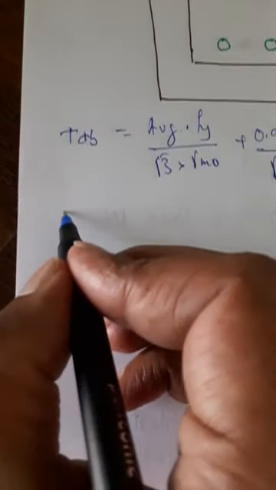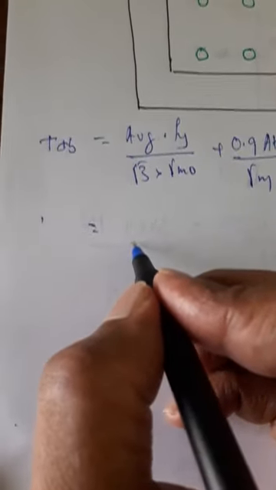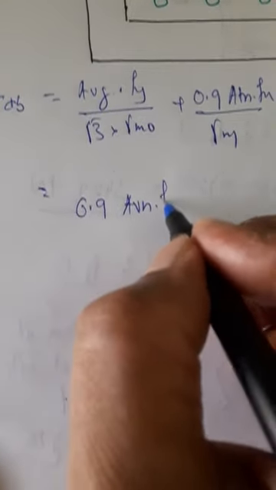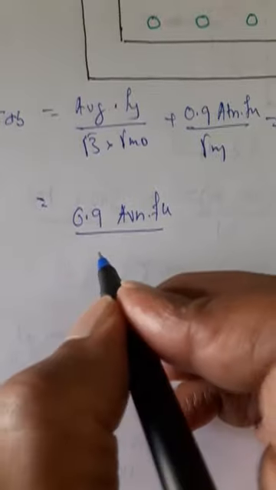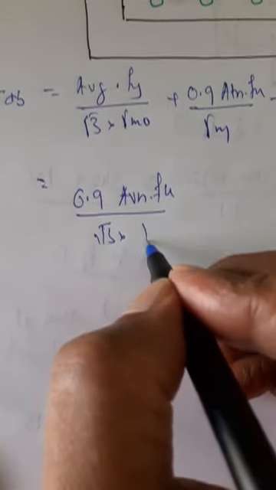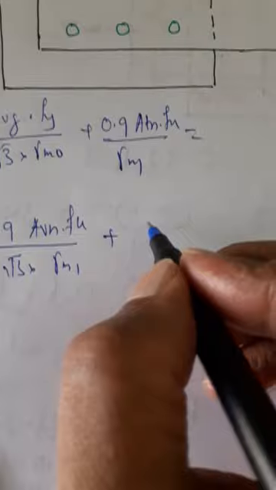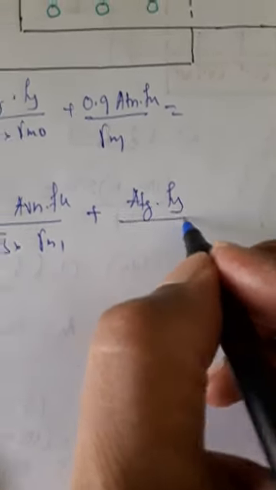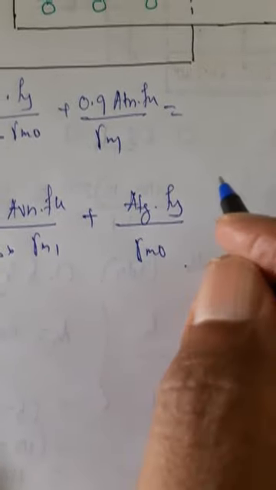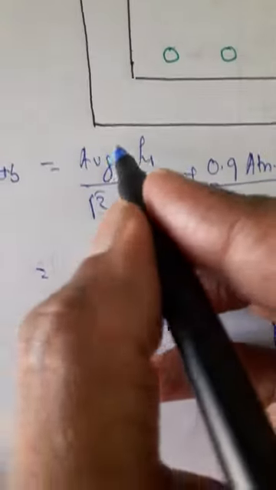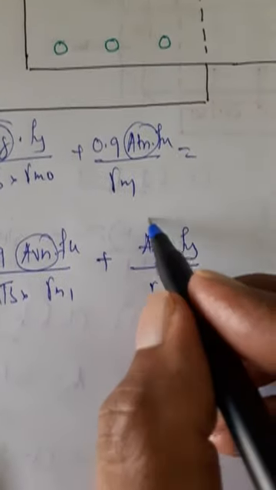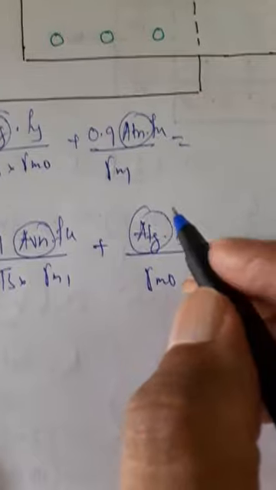Now the second equation for TDB is 0.9 AVN Fu by root 3 gamma ml plus ATG Fy by gamma m naught. So I need to find here AVG, ATN, AVN and ATG. So I need to find out all these 4 terms.